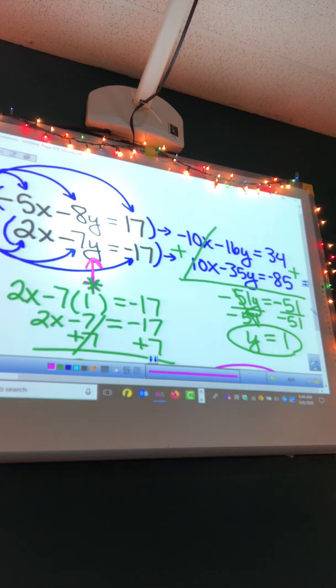I do have a worksheet number 2. So number 3, you can keep that. That was a little practice over the weekend. This worksheet number 2 has some circle stuff on it.